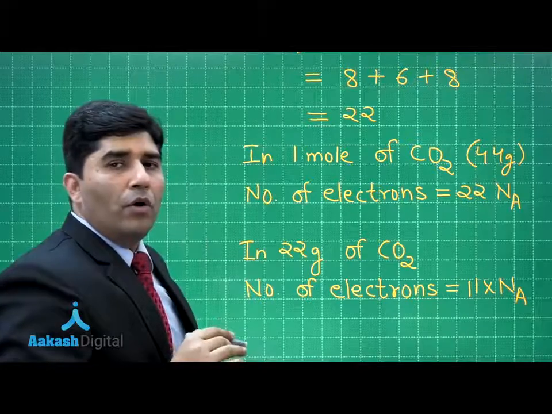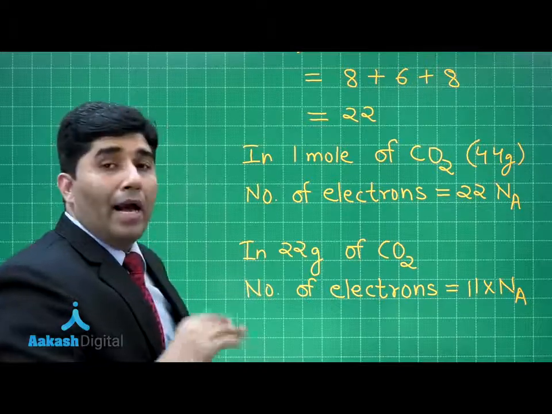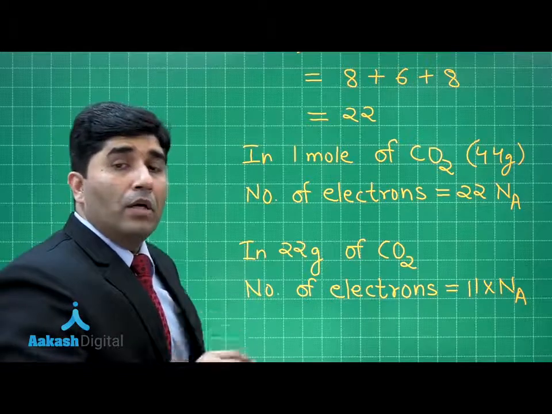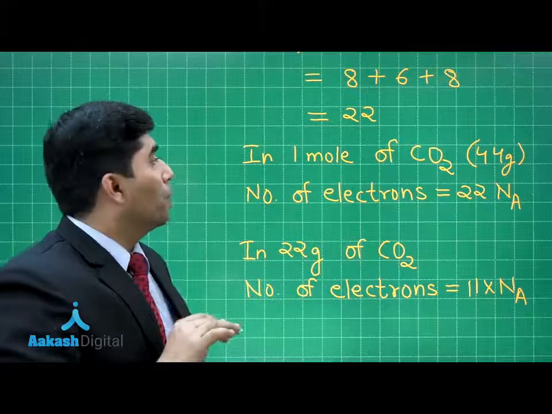So that's how we can find out the electrons present in the particular sample, and in this manner we can find out the number of neutrons also and the number of protons also, right?